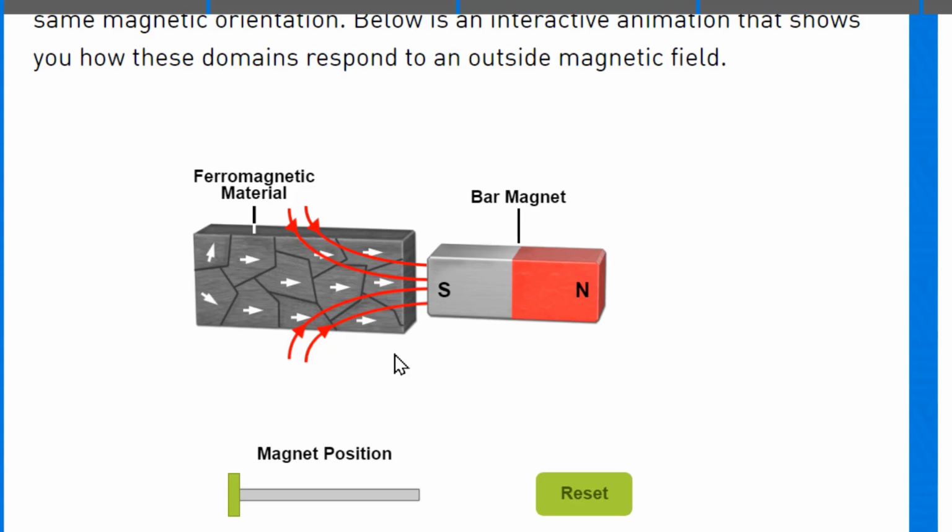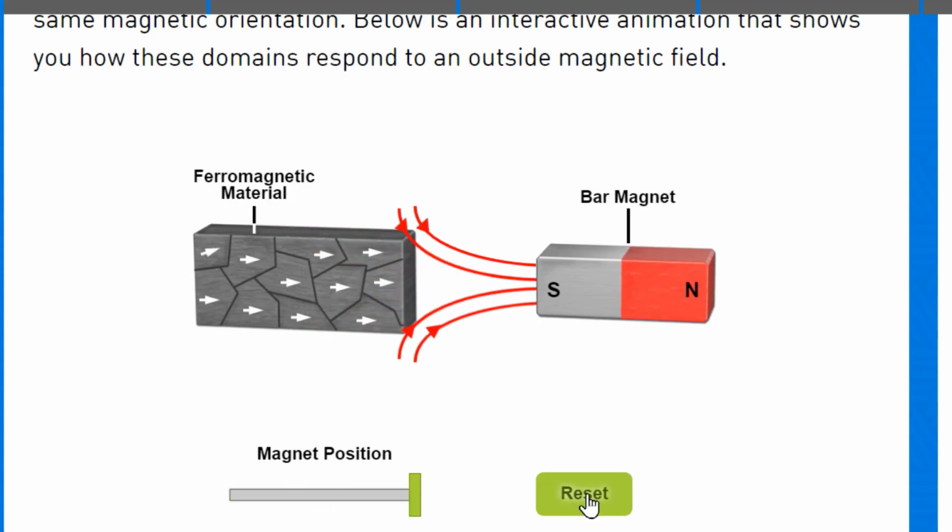And that strong magnetic field can force the atoms in that material to turn or twist and realign themselves to match the bar magnet's field. And then once you take that magnet away, they're mostly stuck like that. So now overall, these little magnetic fields in this material are all aligned.